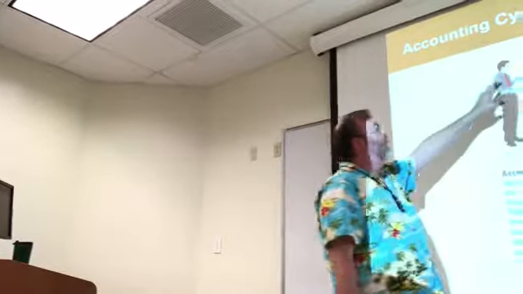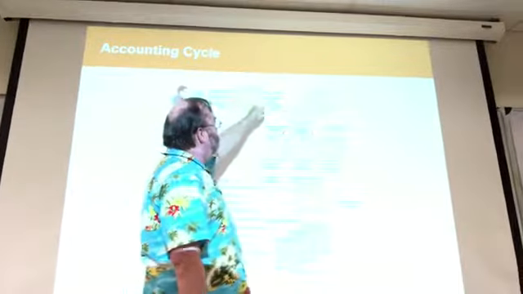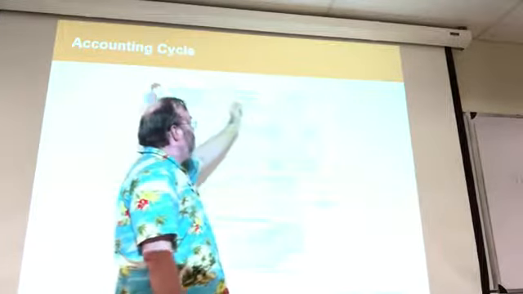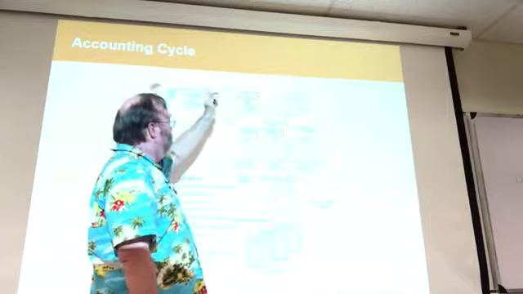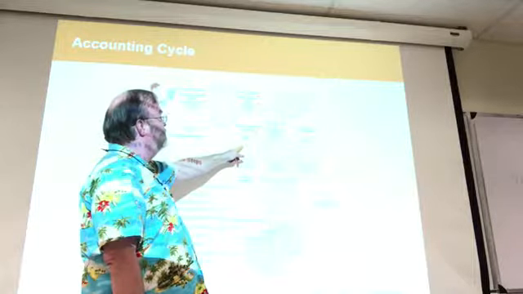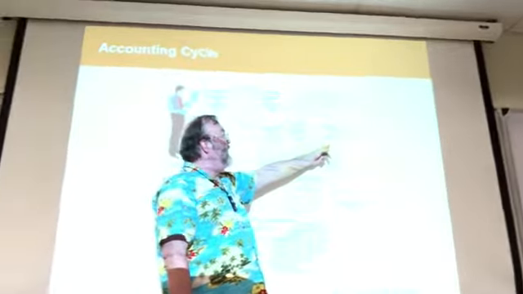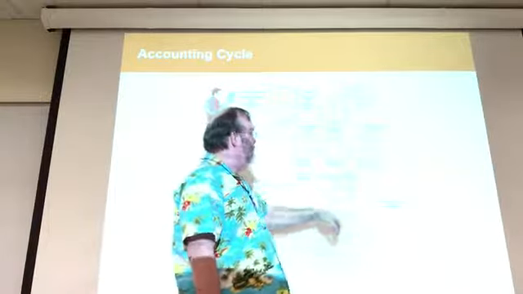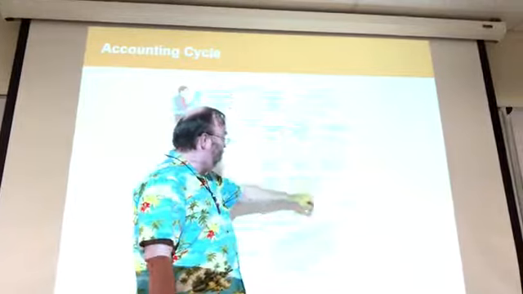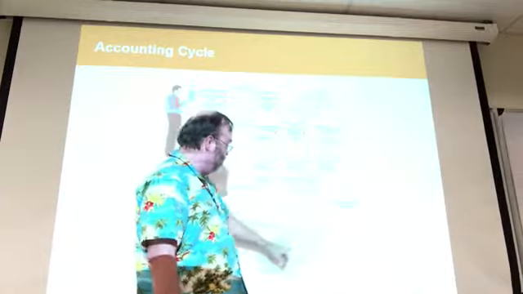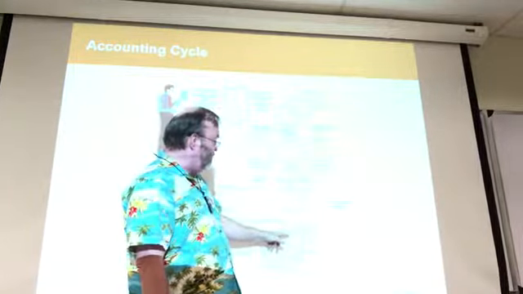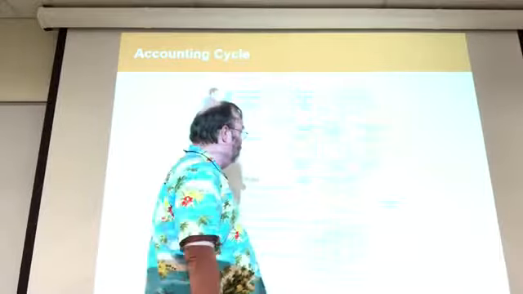So you're analyzing transactions, writing them in a journal entry, posting those entries to the individual account ledgers, preparing an unadjusted trial balance, adjusting them, then getting an adjusted trial balance, and then creating the financial statements, the income statement, the statement of retained earnings, and the balance sheet.